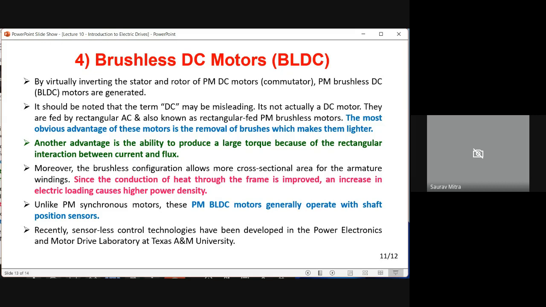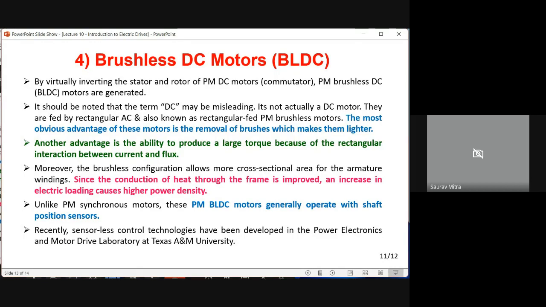Unlike the PM synchronous motor, this PM BLDC motor generally operates with a shaft position sensor. So whenever some better advantage comes, it comes with some extra accessory. For the induction motor, we found it does not use a brush commutator arrangement, but we have to connect an inverter there.